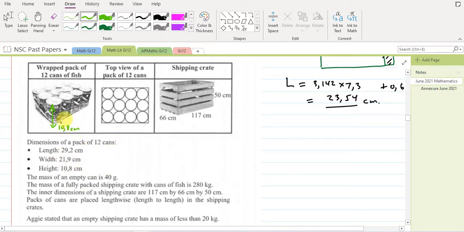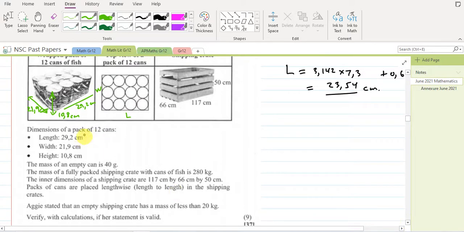The width is 21.9 centimeters, and the length is 29.2 centimeters. And here's the top view. This is the length, and that's the width.